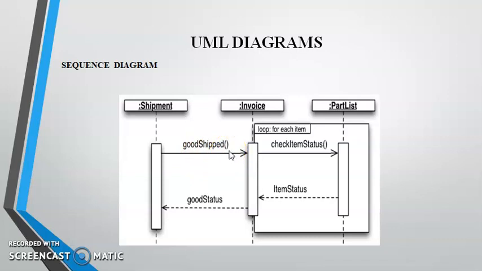Once the books are ready to be shipped, we will check the item status. In the invoice side, we check the item status. If it is okay, fine, the part list returns the message, the return message given as item status. And if this is okay, this invoice object returns the message as good status to shipment. So this is going on here.